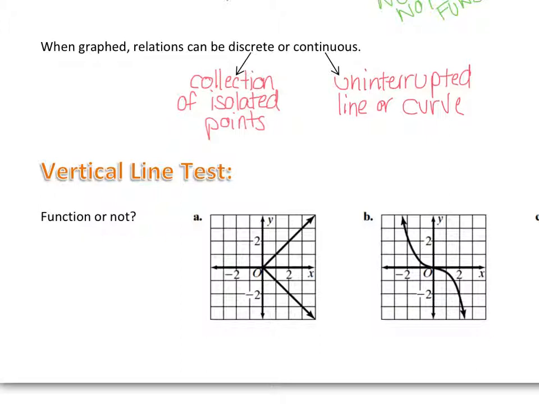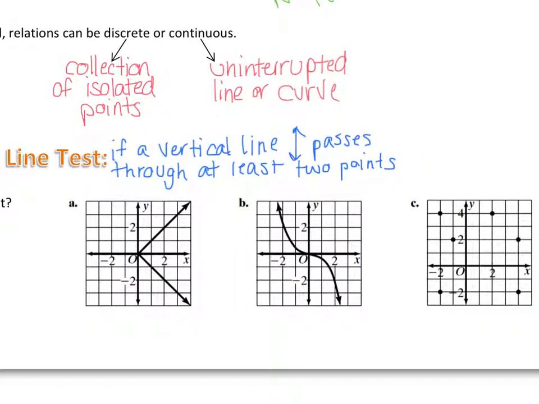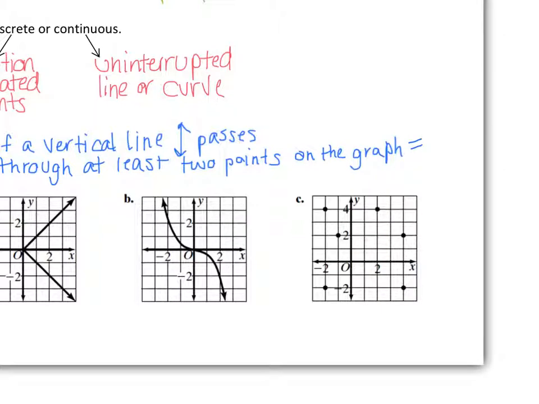So the vertical line test says that if a vertical line, meaning up and down, passes through at least 2 points on the graph, that means not a function.